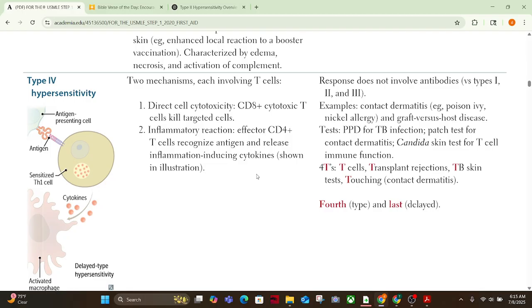Sorry, PPD for TB infection. This is when dead TB is injected into your arm, into the skin.